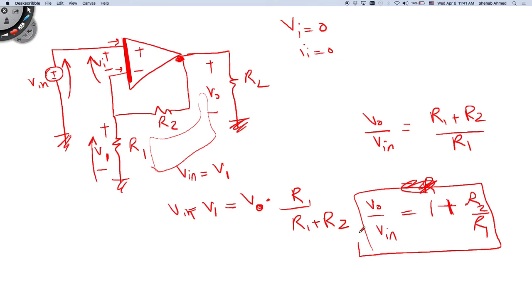Does the voltage of your output change due to any characteristics of the op-amp? Remember, this op-amp circuit looks like this, and there's an open loop gain here, AOL times Vi. This AOL times Vi is 0, right?